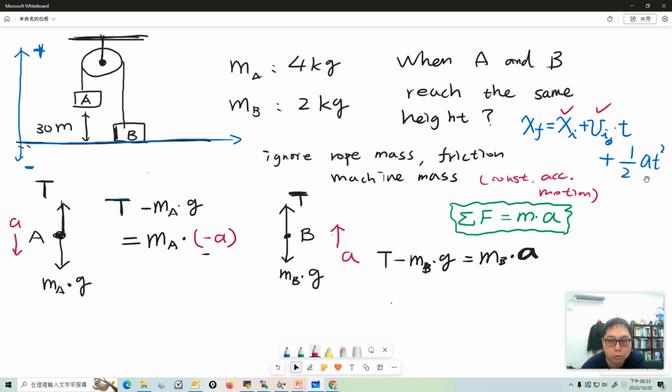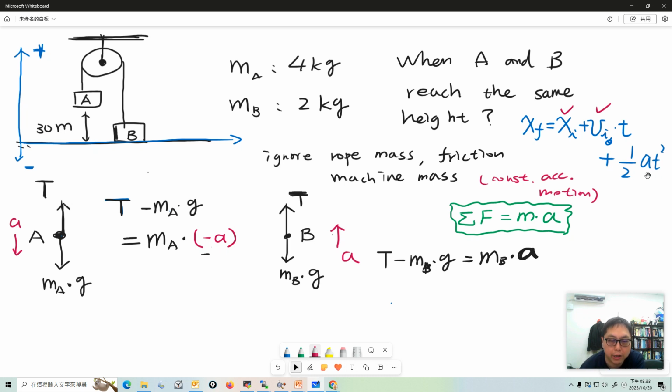And the last one is, do we have any information of acceleration? No, this problem didn't give us any information of acceleration. But if we really want to solve the problem, we need to get the acceleration, or there are too many unknowns, so we have to figure out what a is.